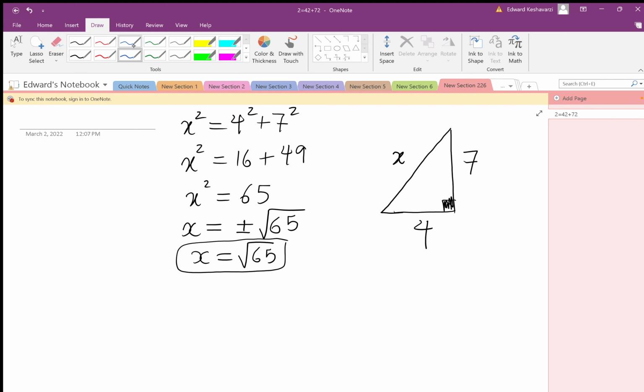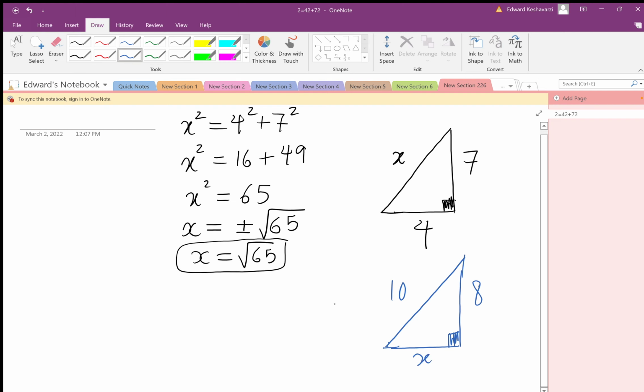In the next example, you are given hypotenuse, let's say 10, and one of the legs 8, and we are looking for the second leg, which is x. We do not forget that hypotenuse should be alone at one side.